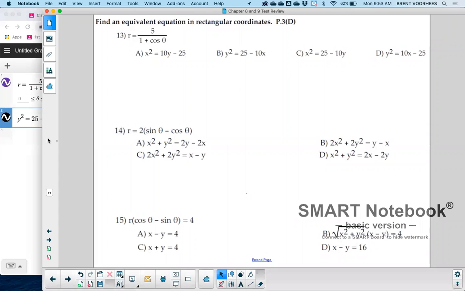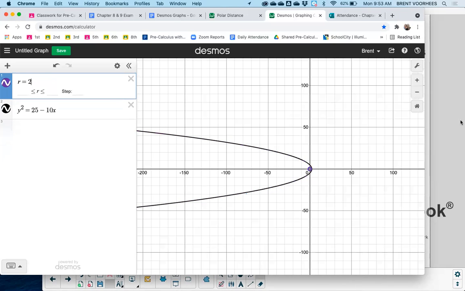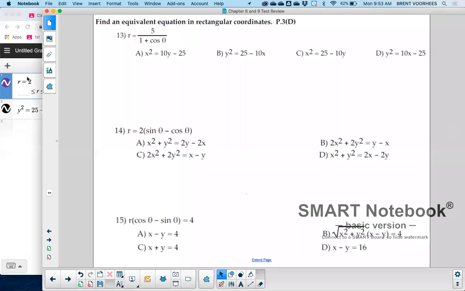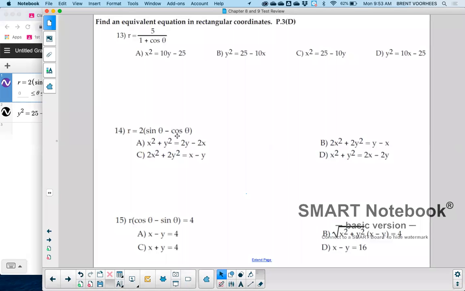Try 14. R equals 2 times the quantity sine theta minus cosine theta. Okay, and we want to compare it with these options.